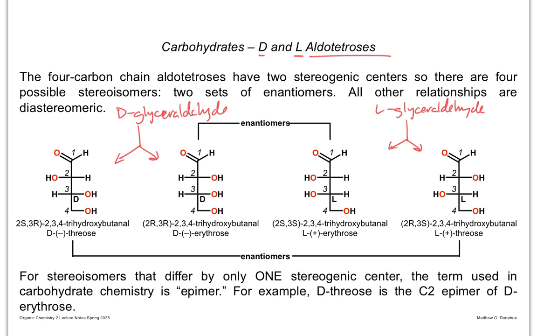So for example, in carbon 2 here, we would call those compounds epimers. This will make a little bit more sense when we get up to the 5 and the 6 chains, where the epimeric carbon can be anywhere on the chain.